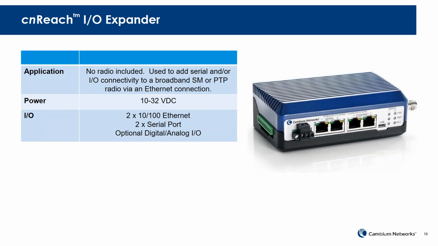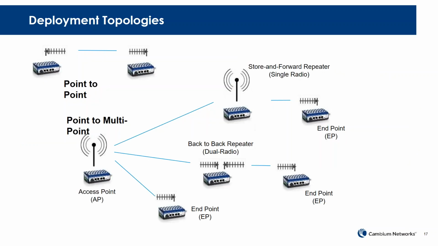So it gives you an option to add that IO to a broadband network, all with the same management capability. So I can still manage this device either through its web GUI or through cnMaestro.